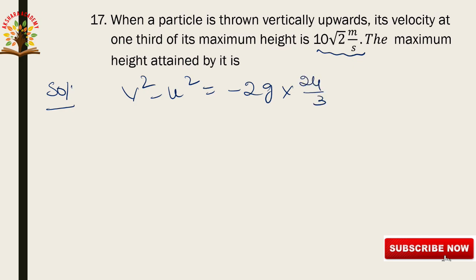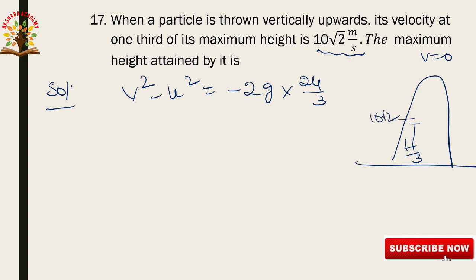Here suppose this is the particle thrown vertically upwards, v is equal to 0, and here 1/3 is h by 3, and here the velocity 10√2 is given, and here 2h by 3 up to this point.